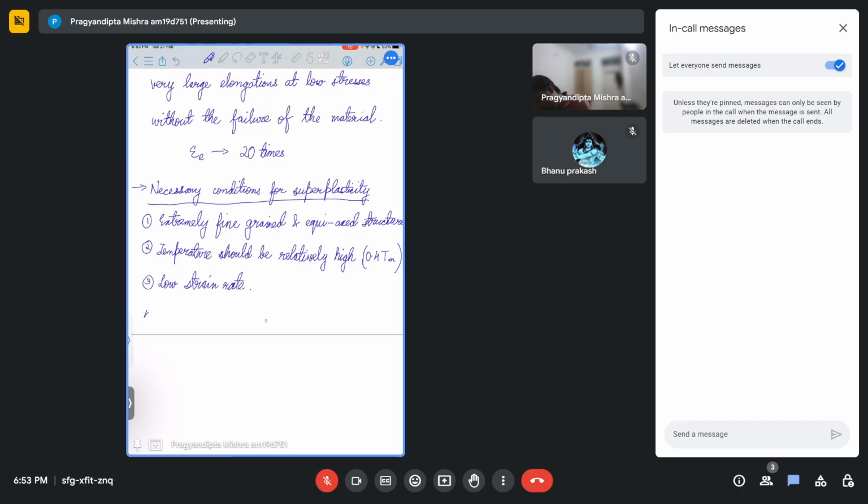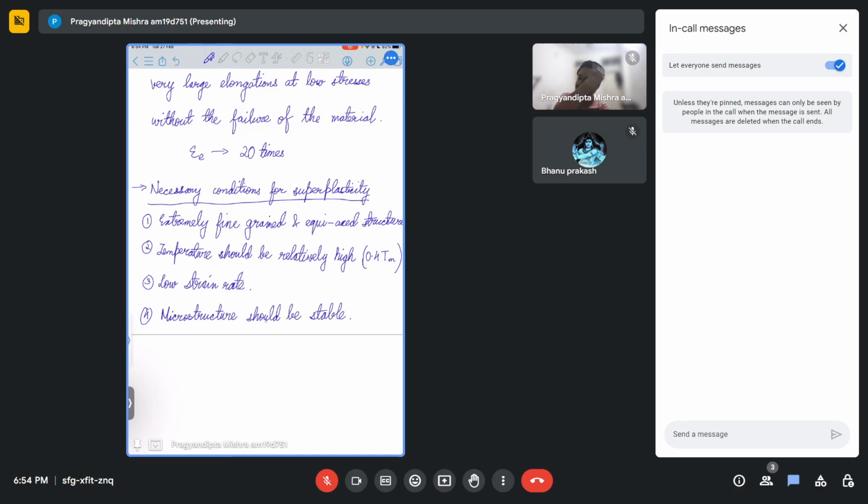And finally, your microstructure should be stable.